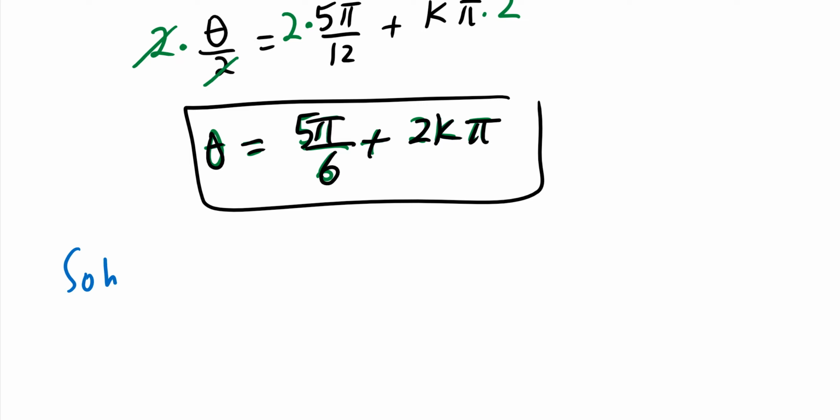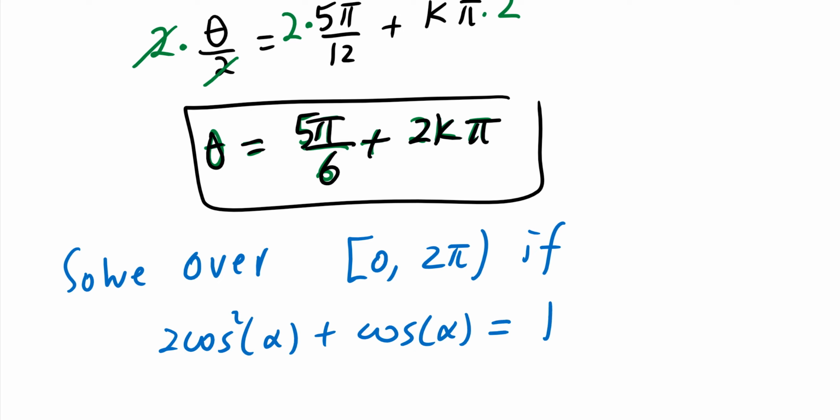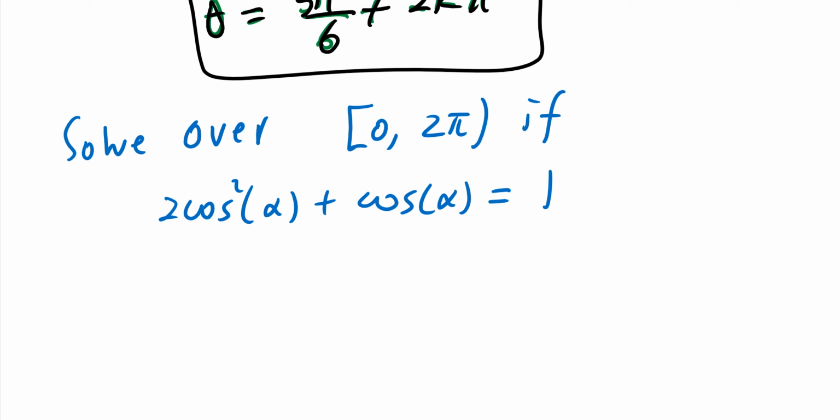What about if we're asked to solve over the interval 0 to 2 pi? That means the same as an angle from exactly 0 to 2 pi. Solve 2 cosine squared alpha plus cosine alpha equals 1, where alpha is from 0 to 2 pi. This is a quadratic equation. So always what I do, I bring everything to one side, set it equal to 0.